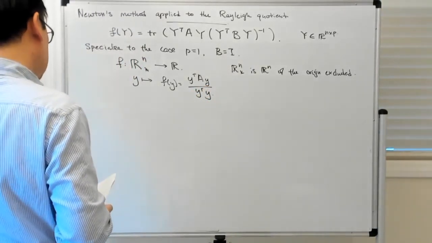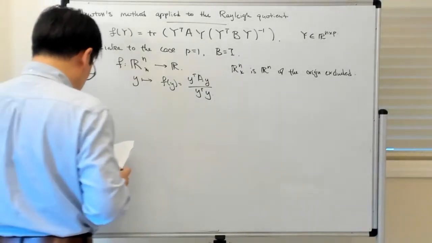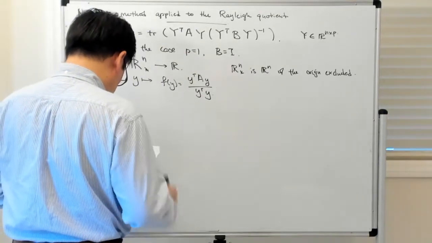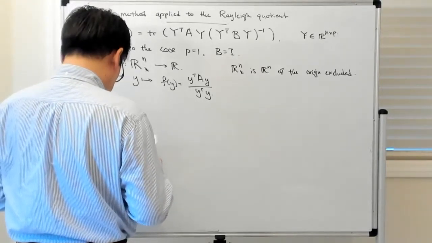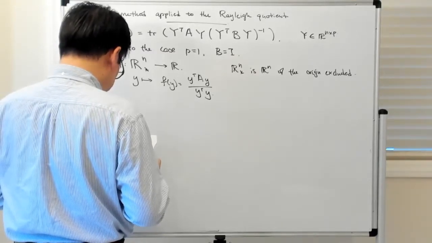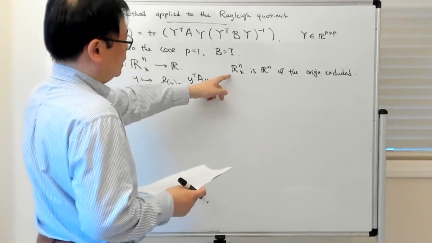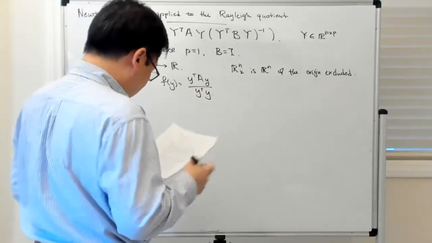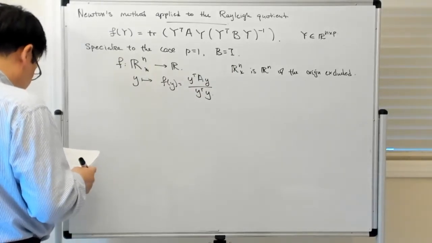So this is the Rayleigh quotient of A. You can think of this as an optimization on manifolds problem because this technically is not a vector space since the origin is excluded, but it's not that exciting, so that's not such a big deal.